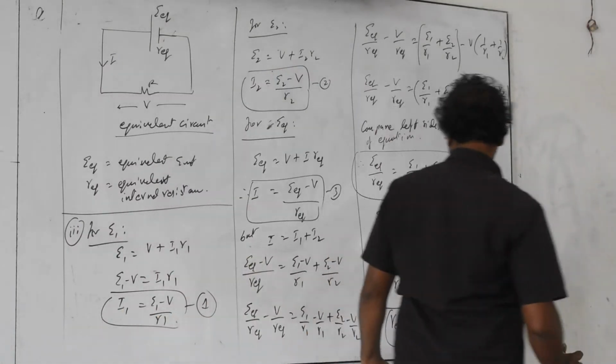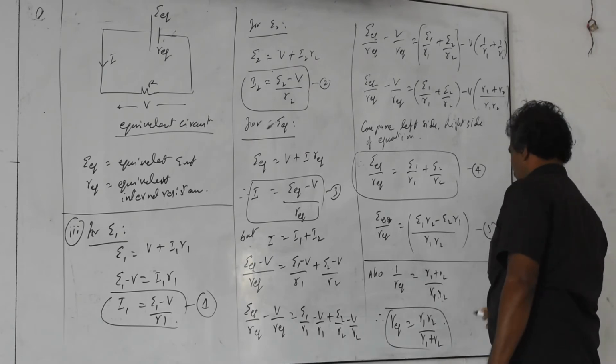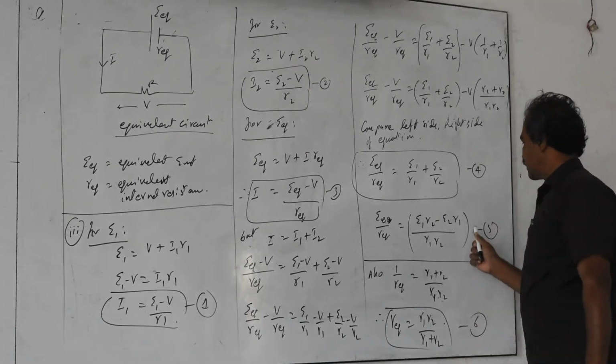Equation number 4, and this is 5, this is 6. We take care of 5 and 6.